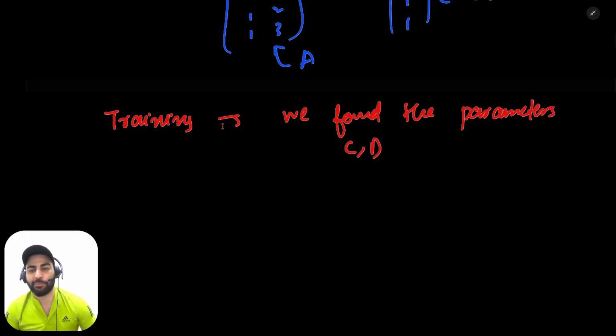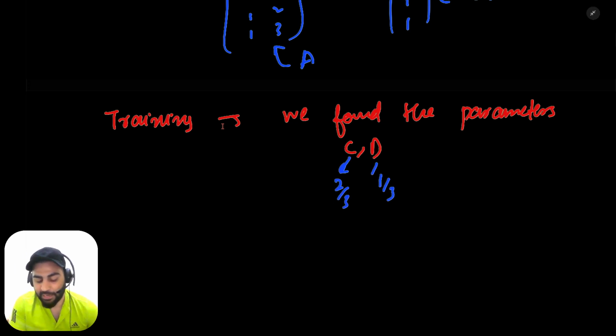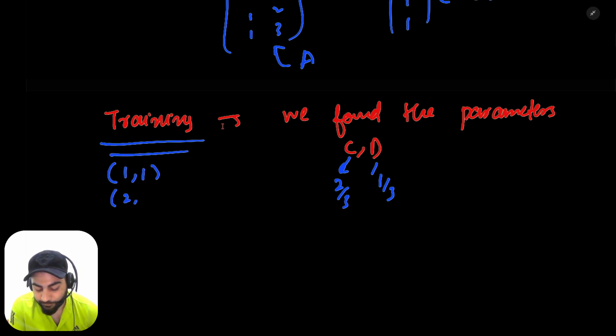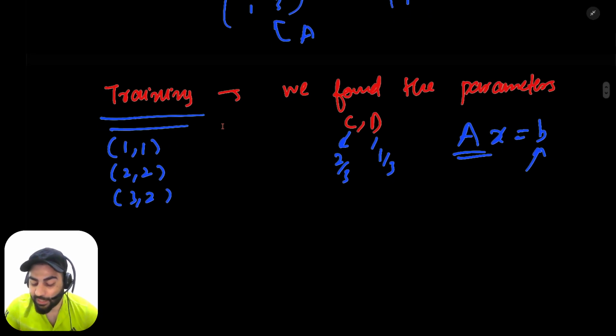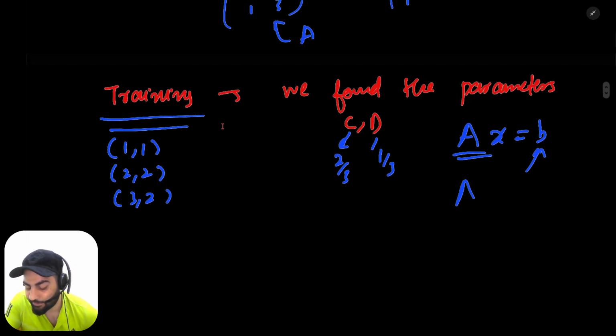These were our trainable parameters. And what was the value of these? We found 2 by 3 and 1 by 3. This training was done using the 3 points 1, 1, 2, 2, and 3, 2. Because we solved the equation Ax is equal to b, and this b did not lie in the column space of A. So at that time we tried to find some x hat such that A x hat is equal to some p.